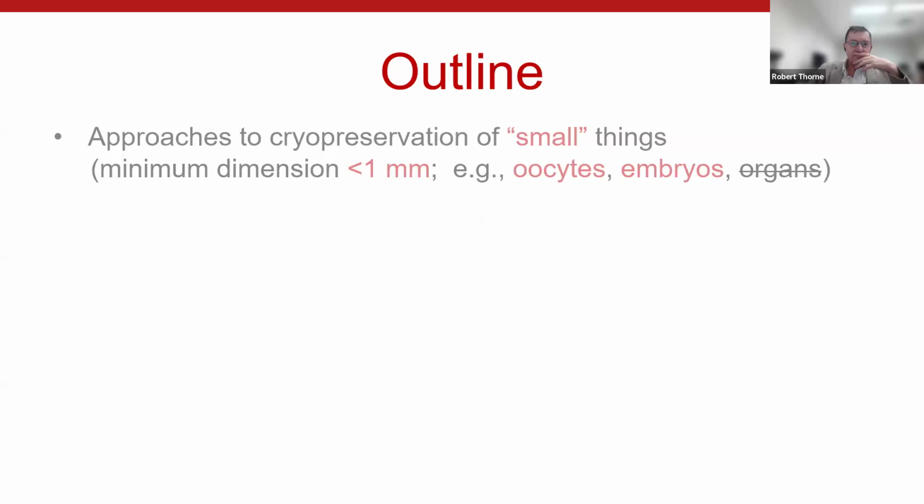So I'm going to focus today, first, on cryopreservation of small things and what the current approaches are. And by small, I mean things that have a minimum dimension somewhere below 1 millimeter. That means things like oocytes and embryos and maybe thin tissue samples or cell suspensions, but definitely not organs or anything remotely big.